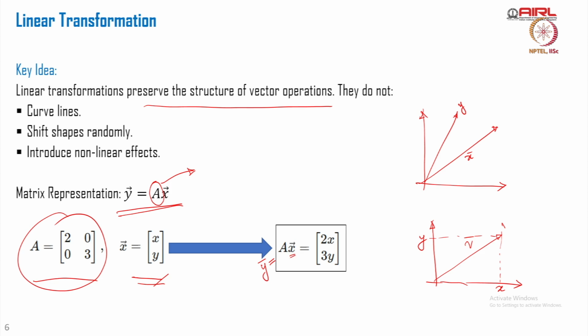If we do that, the outcoming vector y becomes 2x and 3y. That means the x component is stretched by 2 units and the y component is stretched by 3 units. So finally we get this outcoming vector.